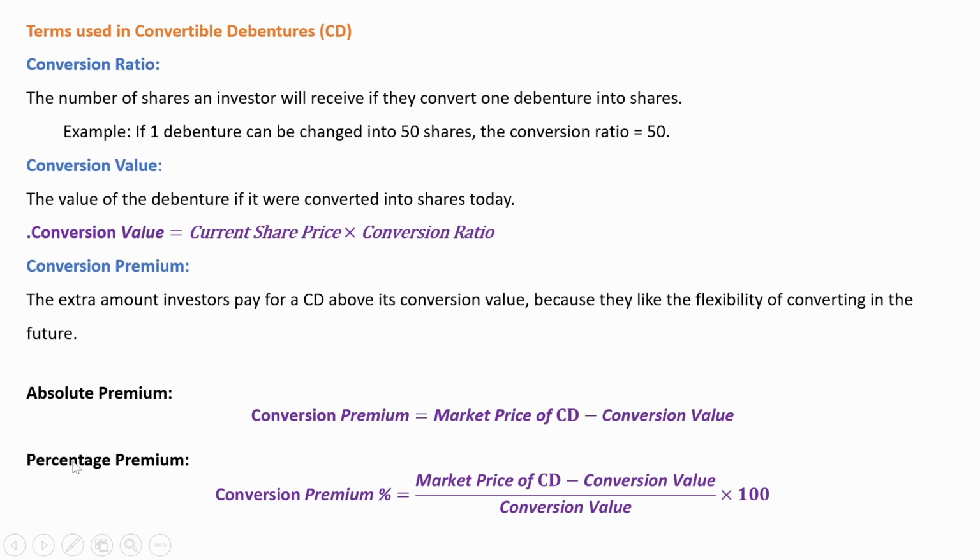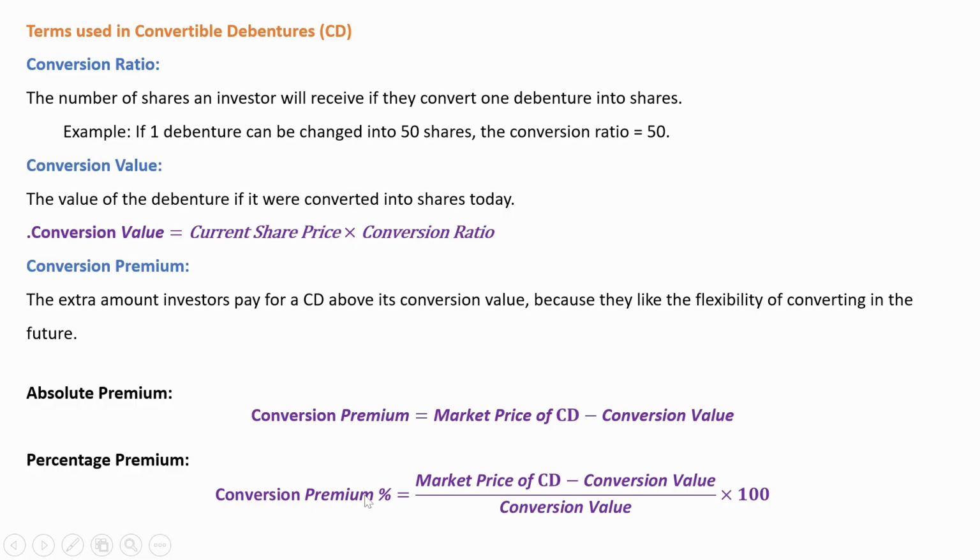But you can also calculate the percentage premium. So conversion premium as a percentage is given by, you just take the conversion premium, the one that you had before, then you divide it by the conversion value.